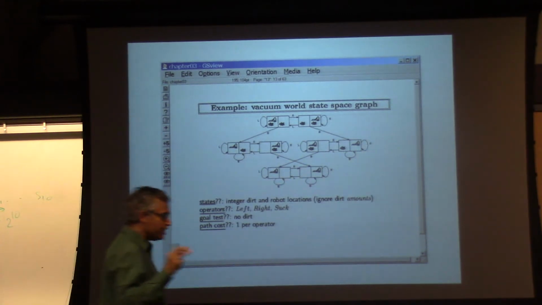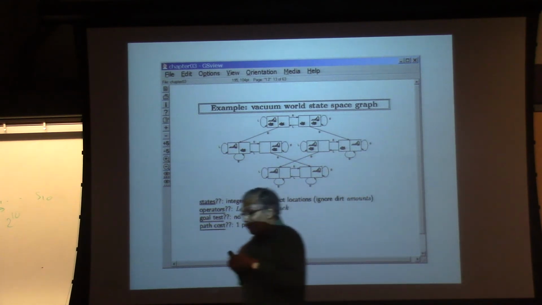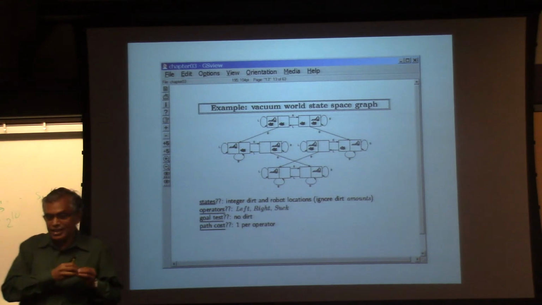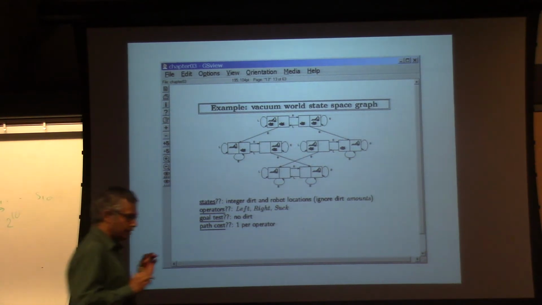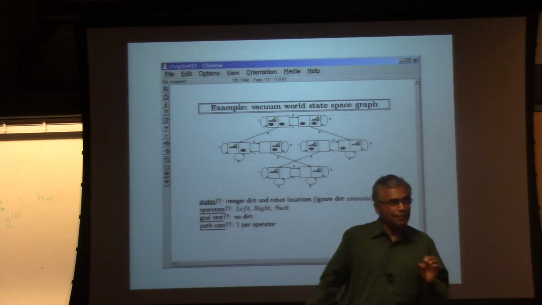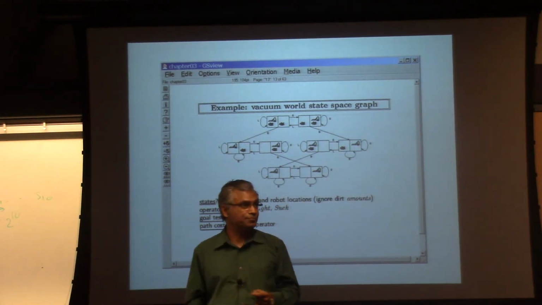Okay? So if you think that way, then you will get to this notion of informed search, and figuring out general ways in which you can get lower bounds on the distances from where you are to the state you need to reach is this whole idea of heuristics. That's it. To give you a simple connection to that, imagine I'm trying to get to that guy right at that corner there.